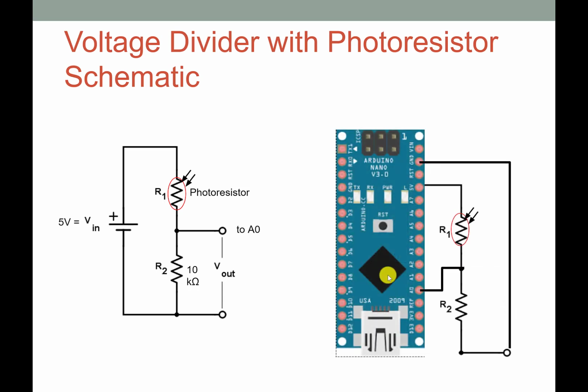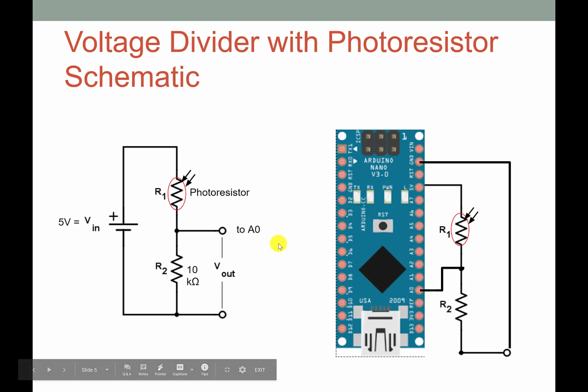If we hook that up to our Arduino, we have an analog pin, which is hooked to A0, that we can use to measure that voltage out. That's just in between this voltage divider, just like we've shown in this schematic.